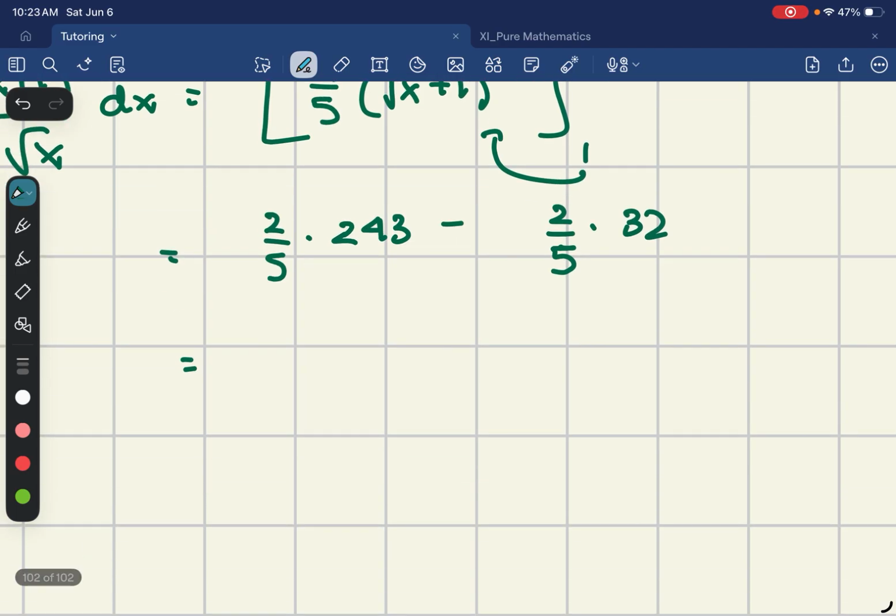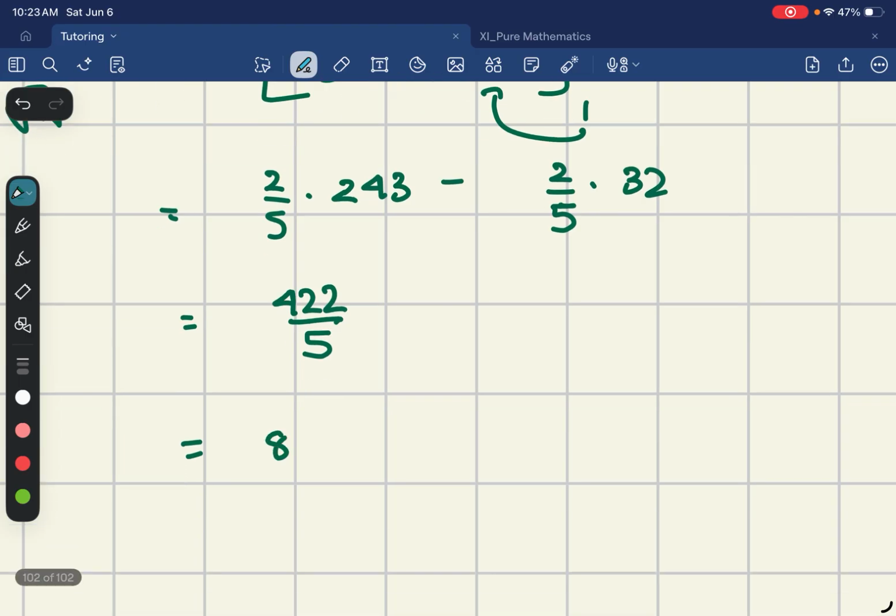And your final solution as a fraction is going to be 422 over 5. If you write everything as a fraction, it gives you 422 over 5. You can also write it as 84 and 2 over 5. That is also the same answer.